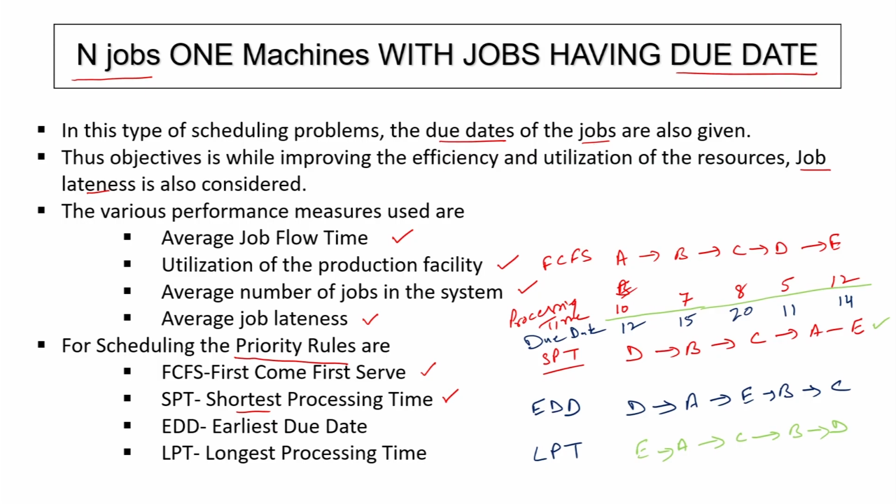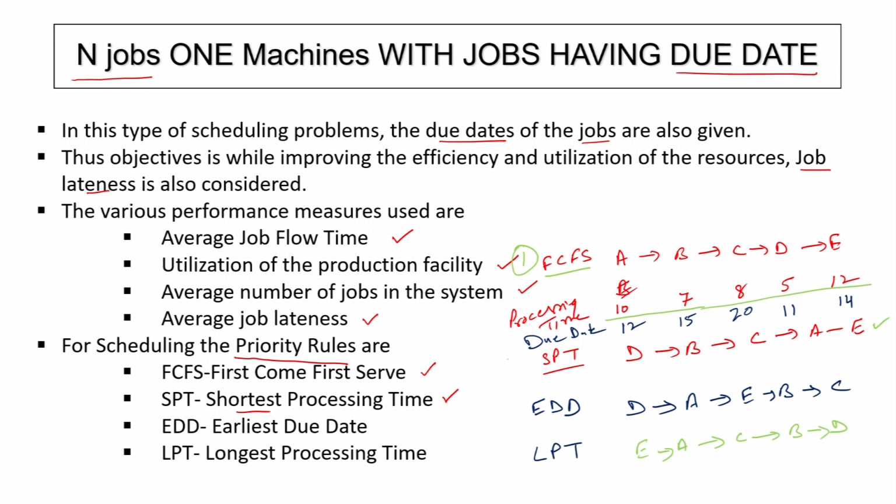The most prominent ones used are first come first serve, because that is the most rational policy, especially when you are dealing with the service sector, when you are dealing with customers.